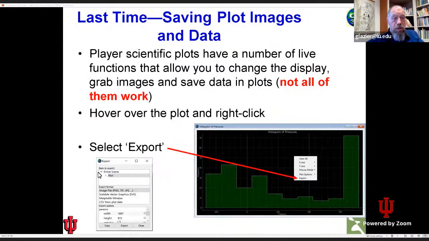I also talked a little bit about some of the things that you can do. Not all of them work perfectly, but if you hover over a plot window, whether regular plot or histogram, and right-click on it, there are a variety of options. One of them is export, and it allows you to both save images and save data sets, and that can be quite useful.